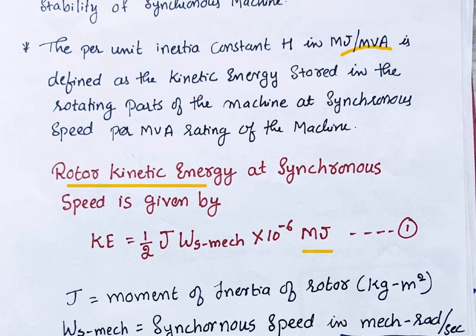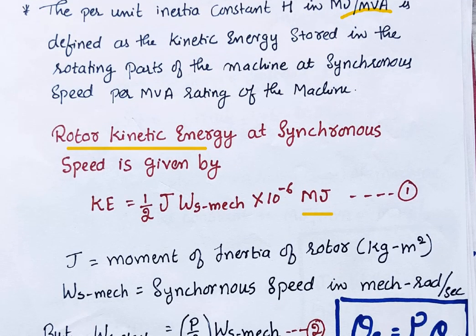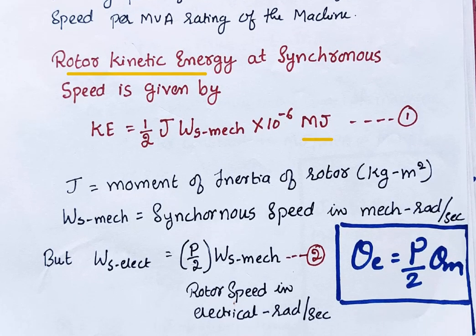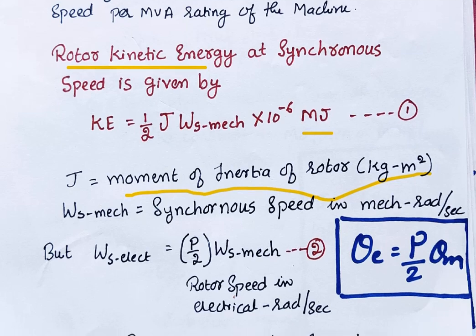J is the moment of inertia of the rotor. In some books they give I instead of J, no issue. J is in kg square meter, and omega S is the synchronous speed in mechanical, given in radian per second.